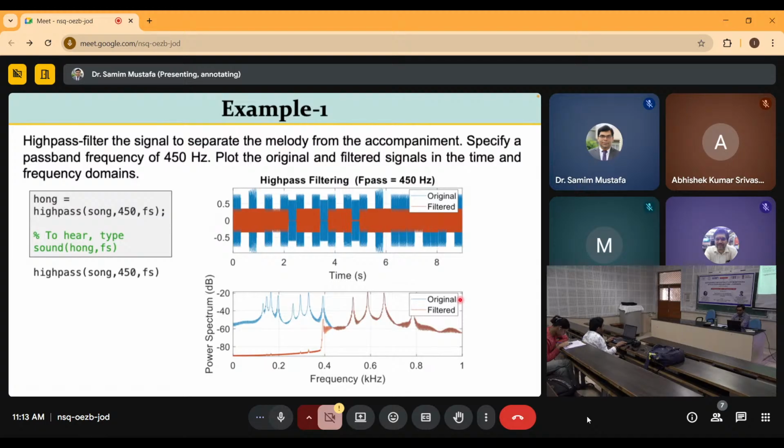So to use this high pass filter, probably you may need some toolbox, signal processing toolbox or something like that. Okay, if you are using MATLAB.